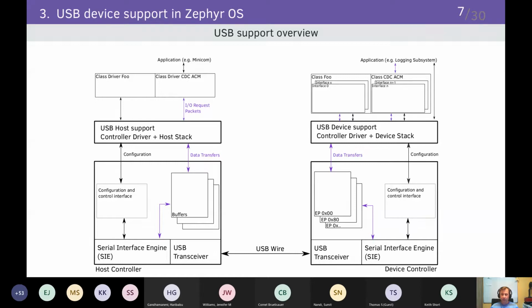And on the right is everything that belongs to device support. Typically, we have two communication channels. One is for configuration, and the other one is for data transmission, that is the purple one.